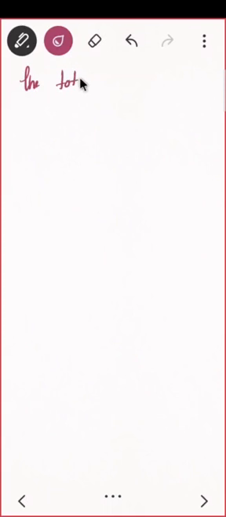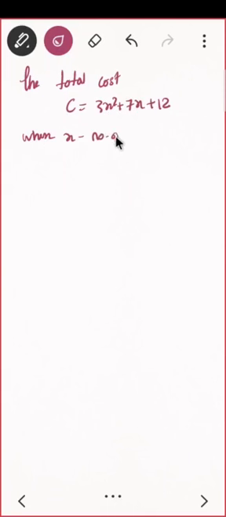Total cost, say C, is given as 3x square plus 7x plus 12, where x is the number of units produced.